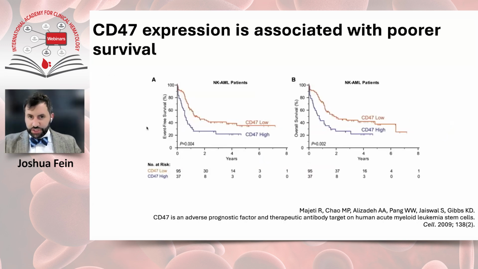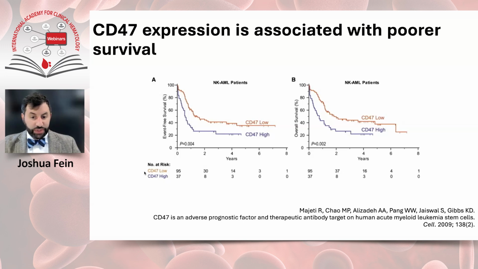They then took this observation and looked at a patient cohort of 132 patients. These were all patients with normal karyotype AML, and they divided them into high and low CD47 expression. This was based on a cutoff that had been previously described in a gene expression study performed approximately a decade prior.